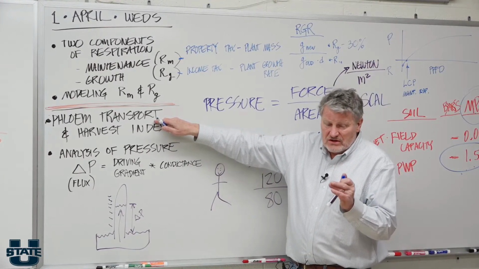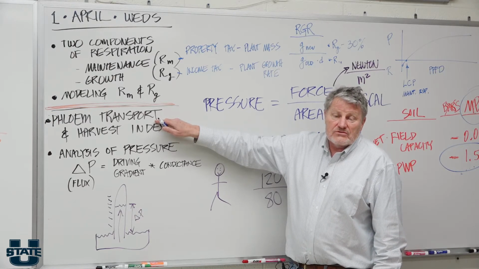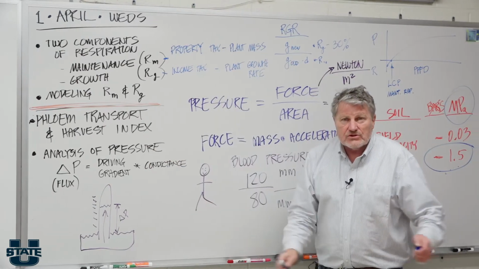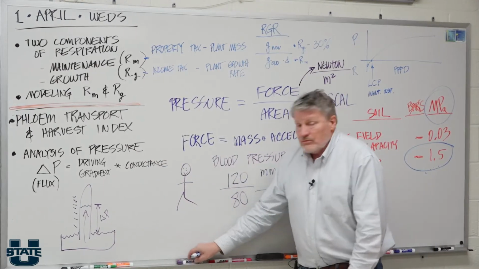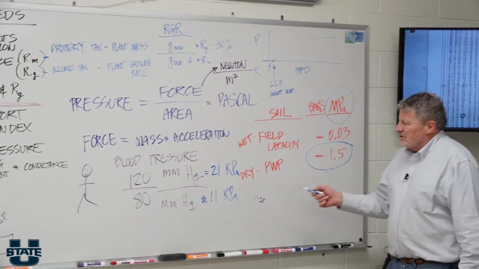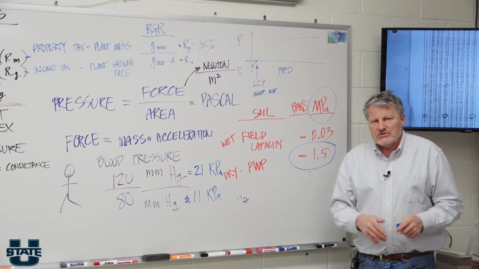And as you'll see in the next lecture, we push through the phloem and we suck through the xylem. Both of those move all the fluids around in a plant, just like they do in people. But this is just an interesting question for plants and people and getting the units together.